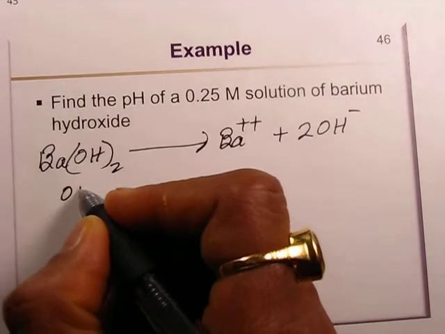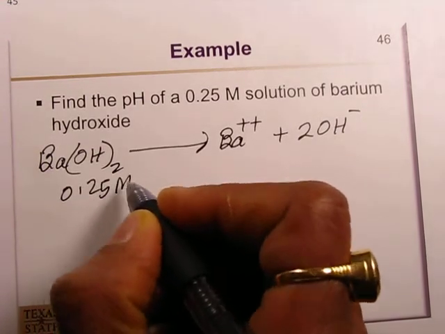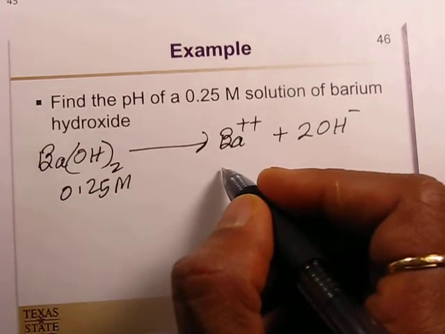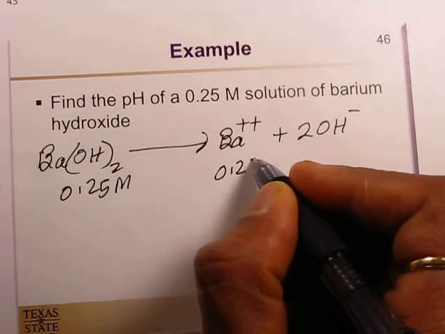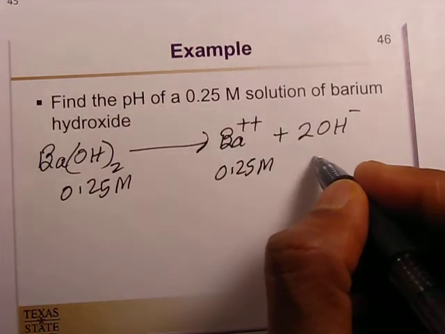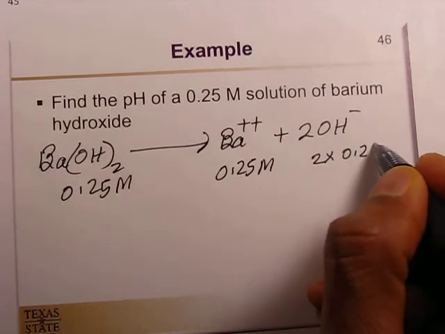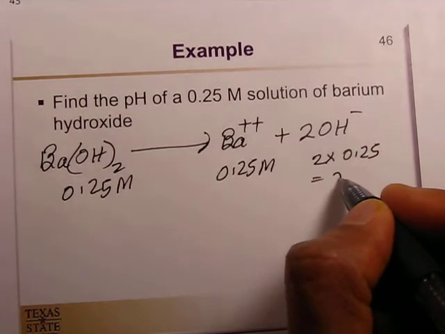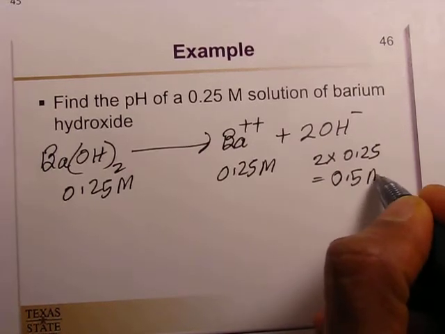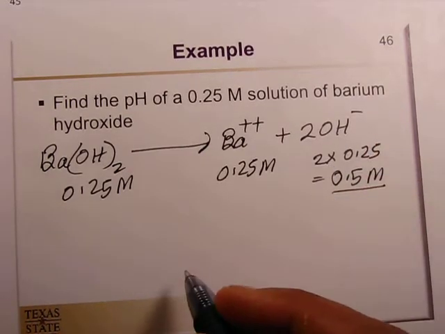So if we have 0.25 molar barium hydroxide, it will give you 0.25 molar barium, and 2 multiplied by 0.25, which is 0.5 molar, double the concentration of hydroxyl ion.